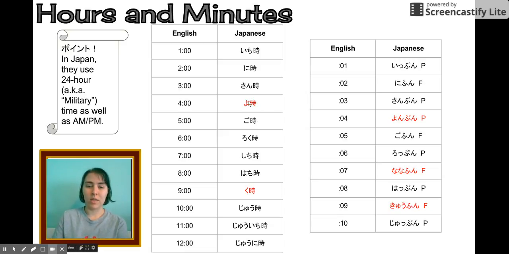A few things to note. 4 o'clock is not Yonji, it's Yoji. 9 o'clock isn't Kyuji, it's Kuji.